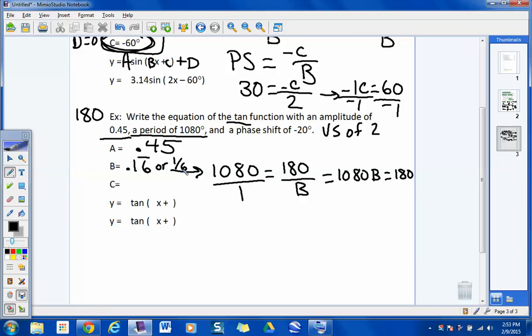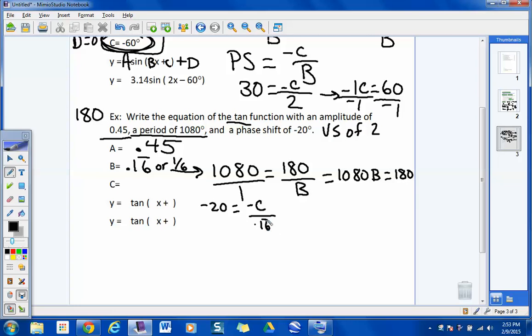Okay, what's the phase shift up here, guys? -20, okay? So this phase shift right here, to determine C, the phase shift of -20 degrees has to equal the opposite of C divided by my B value. And what did we say B was here, guys? 0.16 repeating.